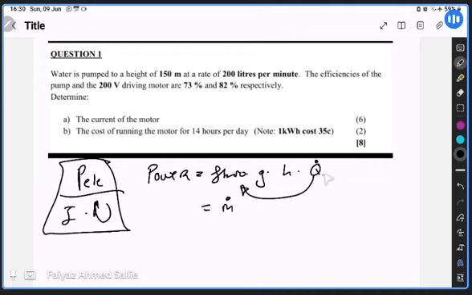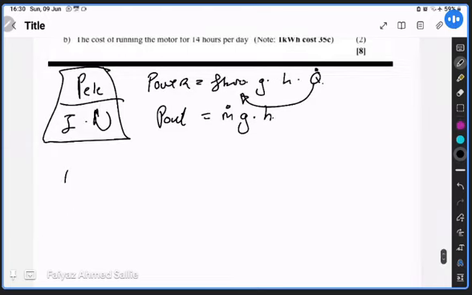So Q is the volumetric flow rate, and this is the mass flow rate. Now to solve for power out, we know that efficiency is equal to power out over power in, which is the electrical power.